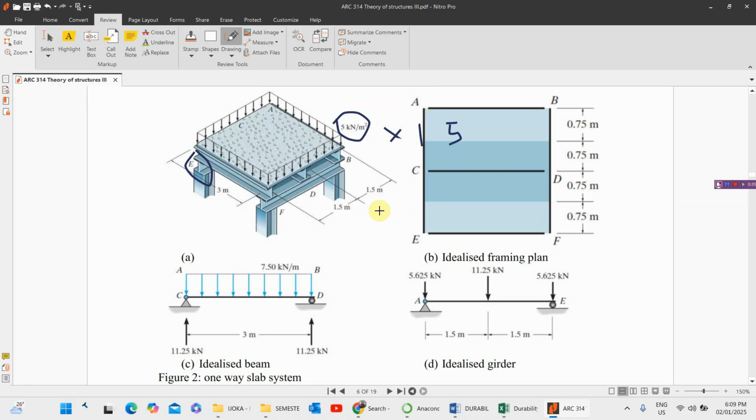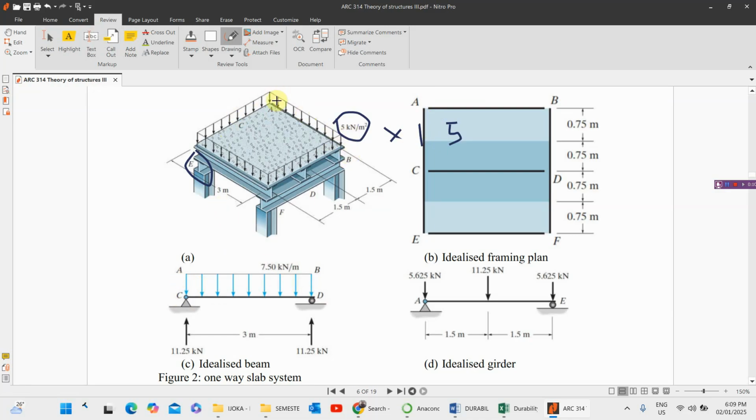That will give us 3.75. 5 times 0.75 gives us 3.75. Now that 3.75 is what we have here. Now what load will be carried at support A, and what load will be carried at support B?